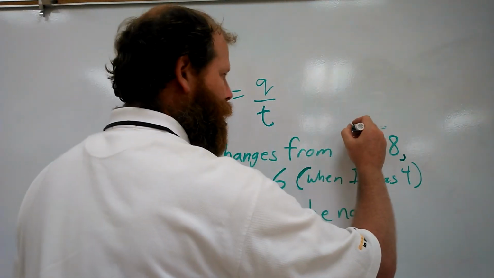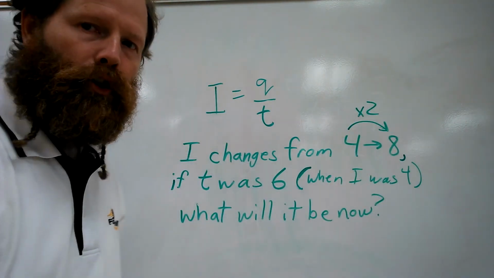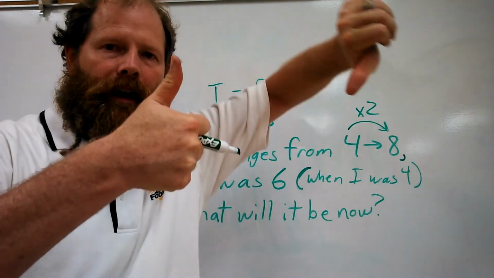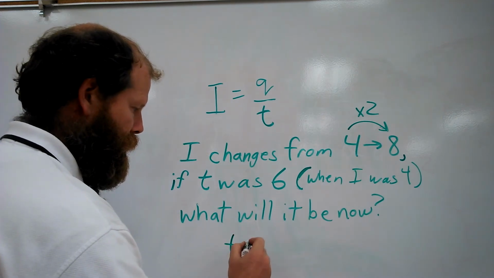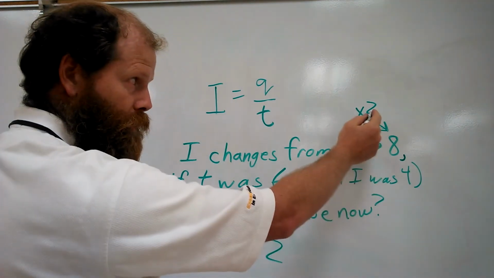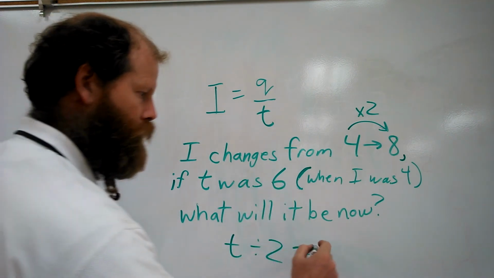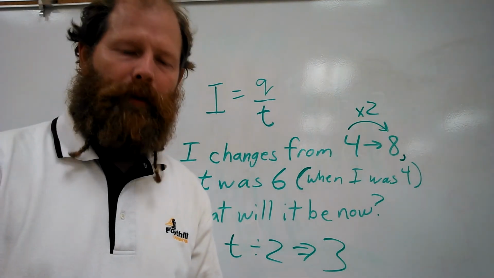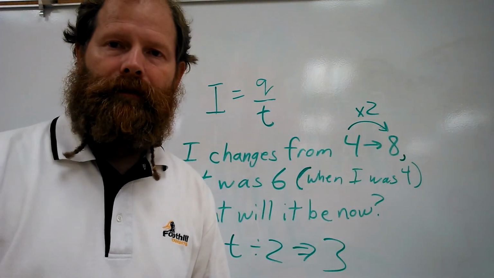If I changes from 4 to 8, that's changing by a factor of multiplying by 2. Well, if we multiply I by 2, that means we're going to have to divide T by 2. So T divided by 2, which was our factor, is going to give us 6 divided by 2 is 3. Okay, so T will now be 3, now that I has changed to 8.